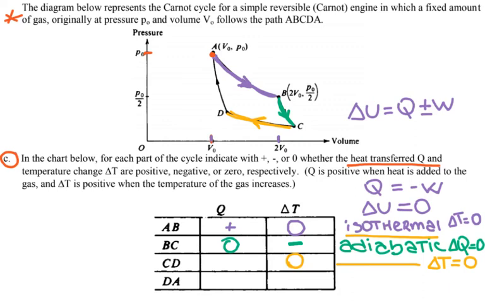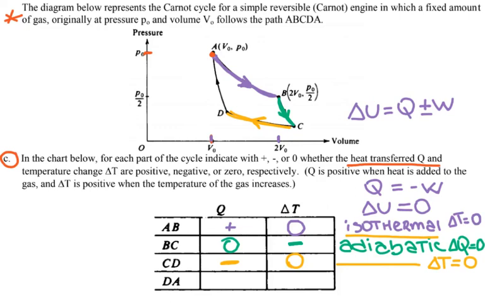And for heat, because there is a compression in the volume, in order to keep the gas at the same temperature during the compression, you have to take the heat out of the system, so the heat is negative.